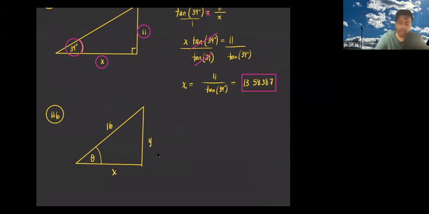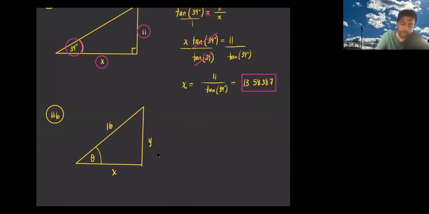Basically, they're just saying for this side, find an expression that has theta in it, a trigonometric expression that represents this opposite side in terms of theta. So theta has to be part of the expression. The answer is not a number, it's an expression.